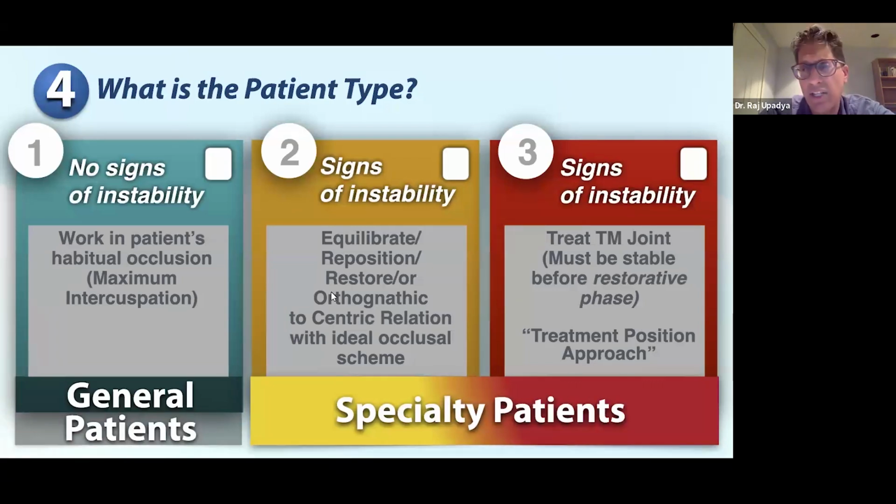If somebody needs their airway opened up and is CPAP intolerant, sometimes we will use an advancement appliance temporarily. But ultimately, we're always going to want to make sure that we have a condyle, even if it's an altered condyle disc assembly, that can accept firm loading.